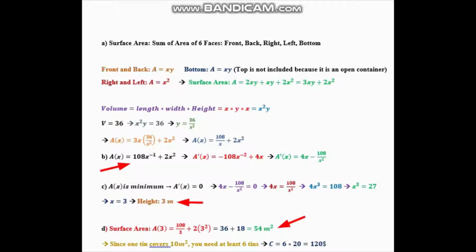Now this area requires 6 tins of paint, since one tin covers 10 meters squared, so I'm going to need at least 6 tins. 5 tins will not suffice, and since one tin costs $20, hence the total cost shall be 6 times 20 equals $120. So this concludes the question.